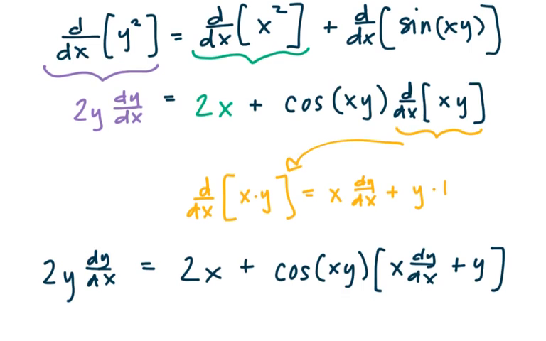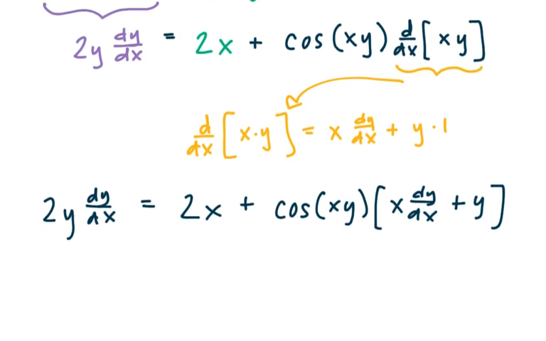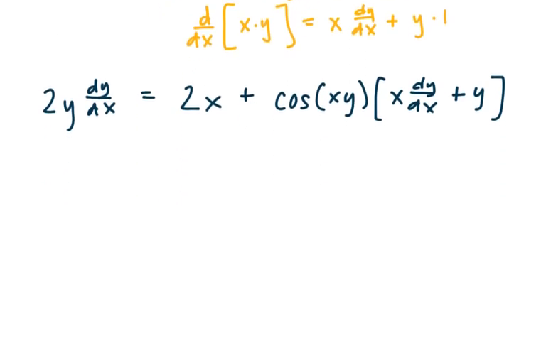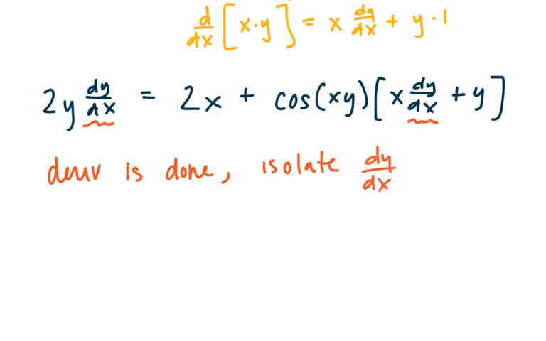So at this point, our derivative is done. We've done all of the calculus, but what we need to do is isolate the dy dx, all right? So the derivative is done, but we want to isolate dy dx. All right, so we're just going to run through some algebra here. Because this cosine of xy is multiplied by all of that, I'm going to need to distribute.